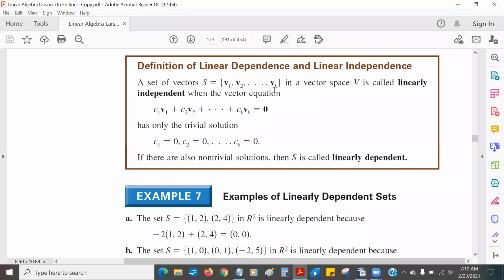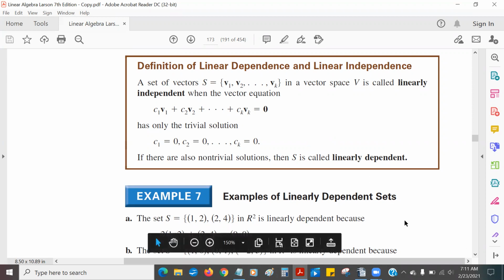If you have a set of vectors in a vector space, it's called linearly independent if it's impossible to find scalars to make a linear combination equal to 0, unless of course the scalars are all 0. And if it is possible to find non-zero numbers to make this linear combination equal 0, then it's called linearly dependent. So if I can make a linear combination with non-zero coefficients, it's dependent. If it's impossible to do that, and I can only do it with all 0 coefficients, then it's independent.